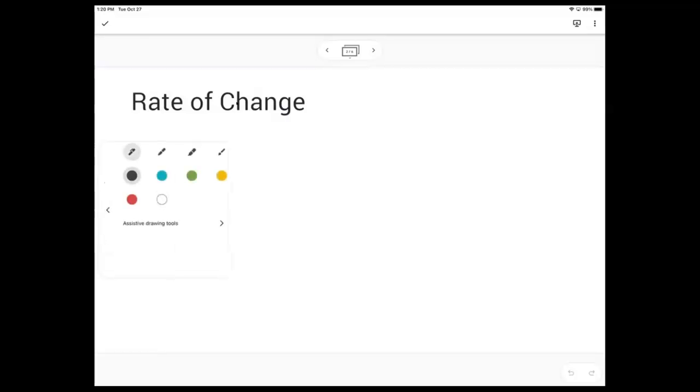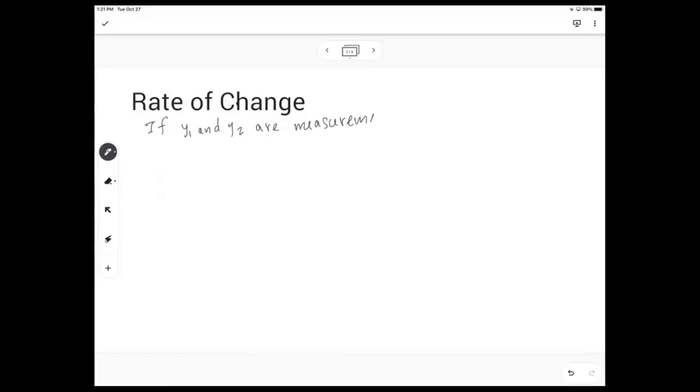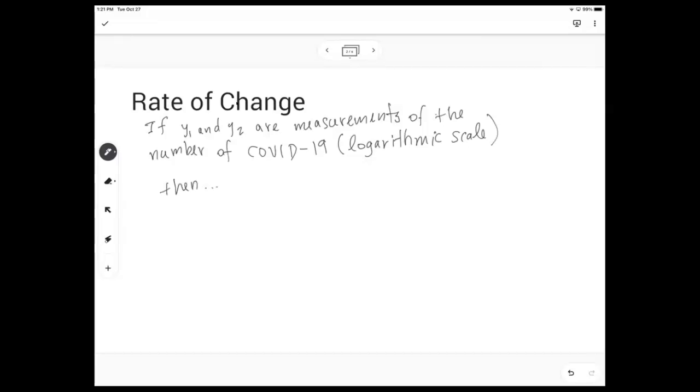So if we're measuring the number of cases, if y1 and y2 are measurements of the number of COVID-19 cases, and these would be measurements in logarithmic scale, then when we consider the difference, y2 minus y1, this difference is telling us that this would be change in the number of cases.